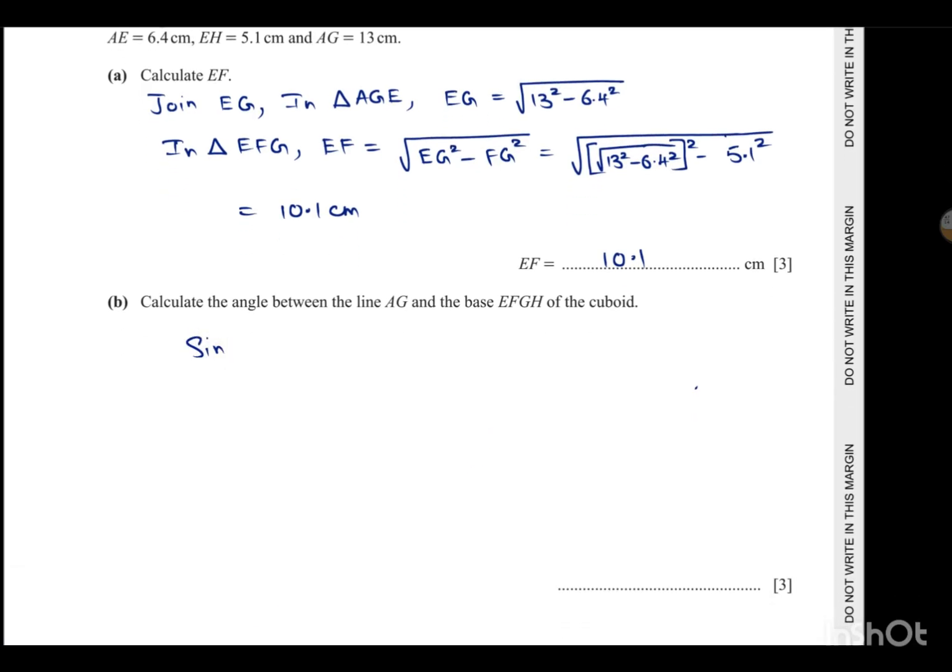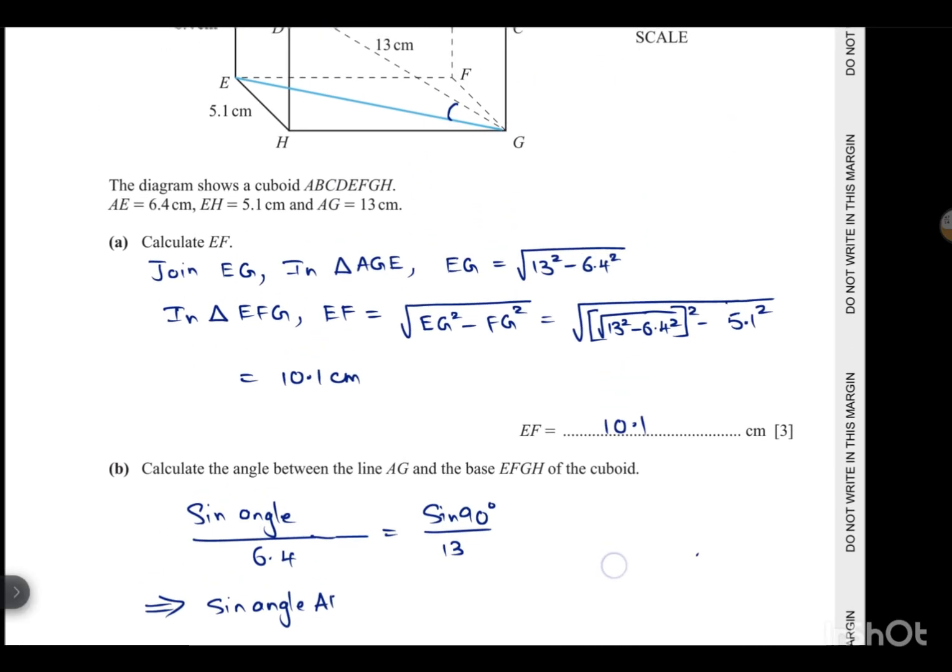Sine of angle AGE by the opposite side, 6.4, is equal to sine 90 by the opposite side, 13. Cross multiply. Sorry, I have to write AGE, not AG, my mistake.